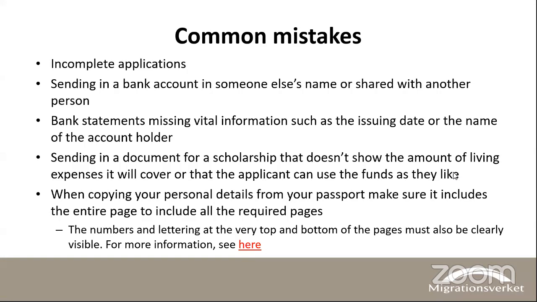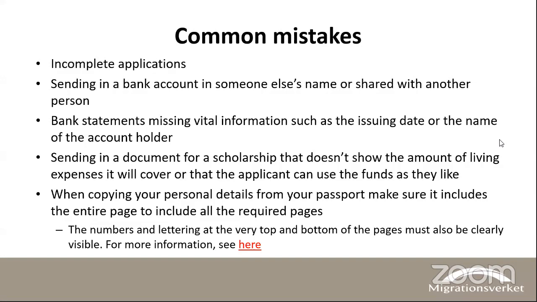We have also put together a few common mistakes that students sometimes make in order for you to try to avoid them. So common mistakes are incomplete applications, sending in a bank statement in someone else's name or shared with another person, or a frozen bank statement.